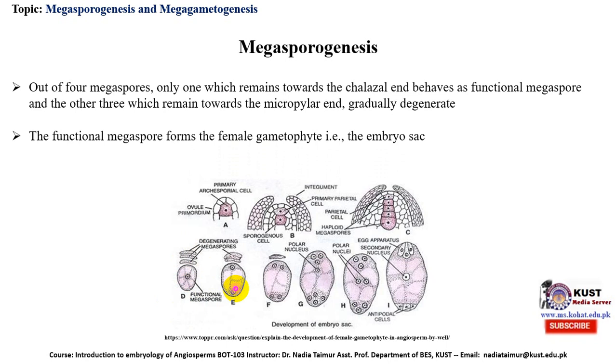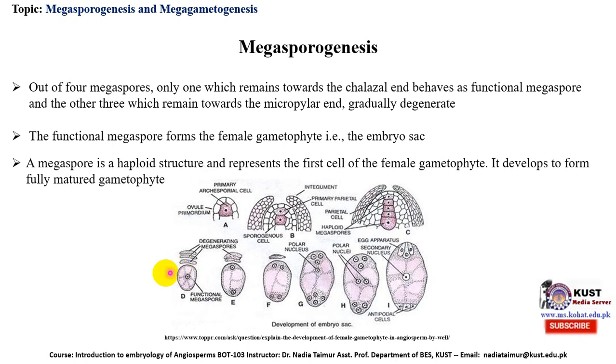This functional megaspore forms the female gametophyte or the embryo sac. A megaspore is a haploid structure and represents the first cell of the female gametophyte. It develops to form fully matured gametophyte as shown here.